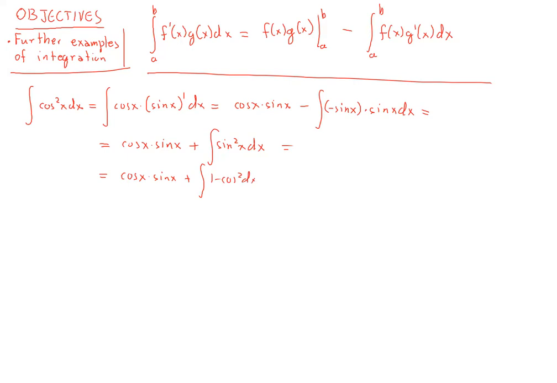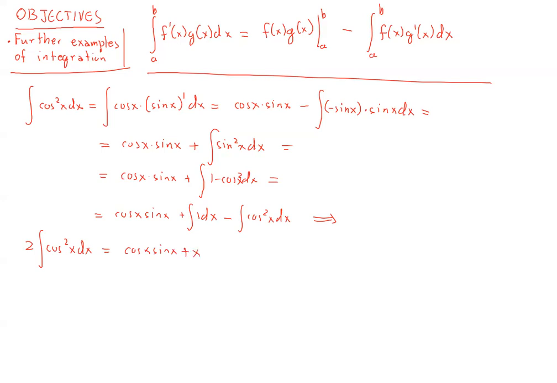And we're in a case that we had seen before, so this can be written as the integral of 1 dx minus the integral of cosine square of x dx. And now we can transfer the integral of cosine square of x to the other side, so we will have 2 times the integral of cosine square of x equal to cosine x sine x plus the integral of 1, which of course is x.